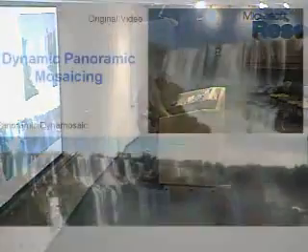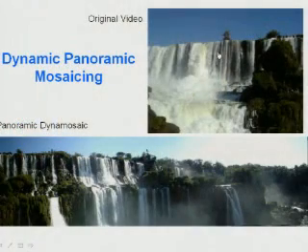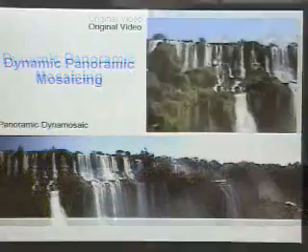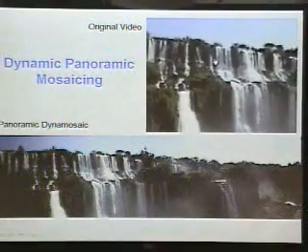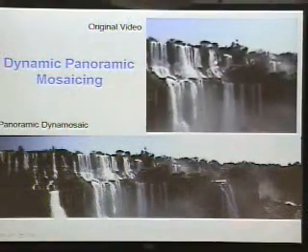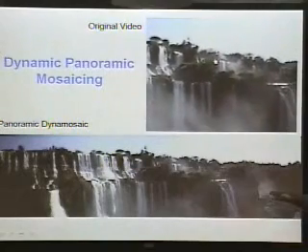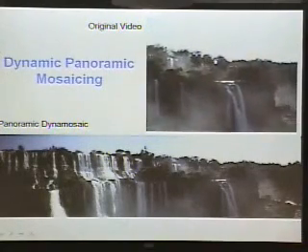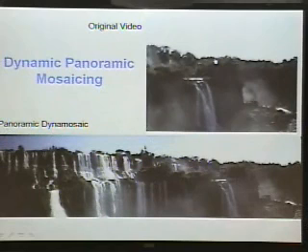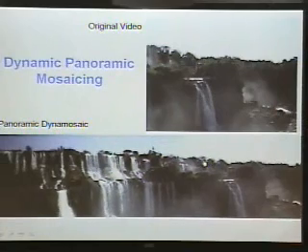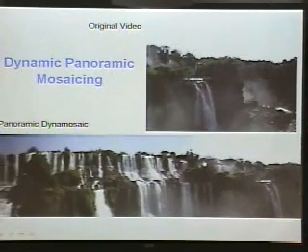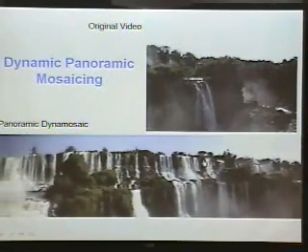So this is an example of a mosaic. We have a camera scanning the Iguazu Falls in South America from left to right. And this is a mosaic generated from the right part of the images, just as they enter the visibility region. Now we take this time front and slide it in the positive time axis, and we get a mosaic that is moving.